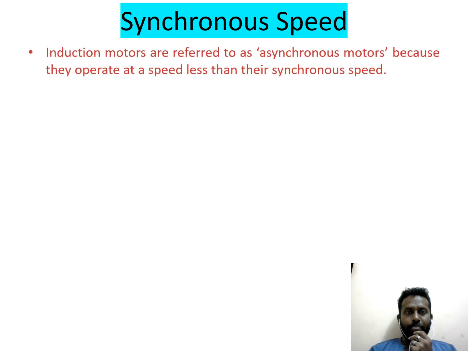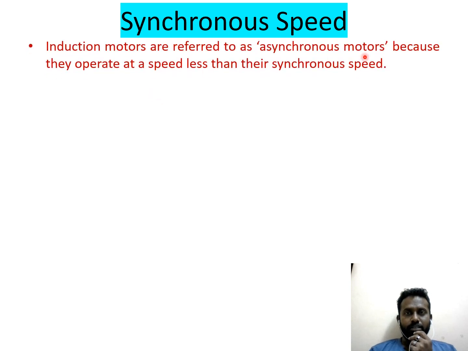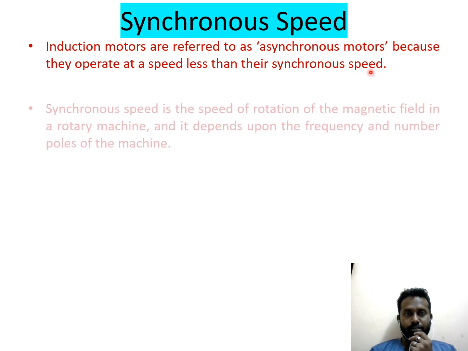Now what is synchronous speed? Because, as we said, an induction motor is an asynchronous motor which does not run at synchronous speed, we need to understand what synchronous speed is.